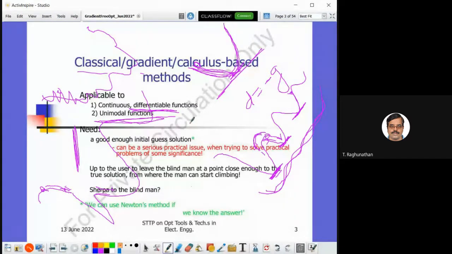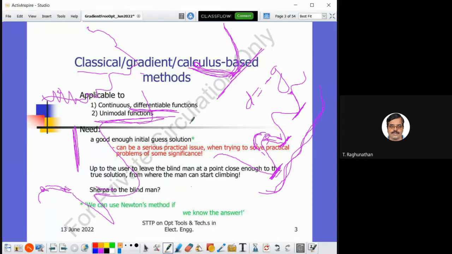I showed you that example, right? And what can be a good initial guess solution? A good initial guess solution is something that is close enough to the optimizer. And to know what is close enough to the optimizer, you should know what the optimizer is. Only then can you choose a point close to the optimizer, right? And if you already know the optimizer, then where is the need for us to try to solve the problem?